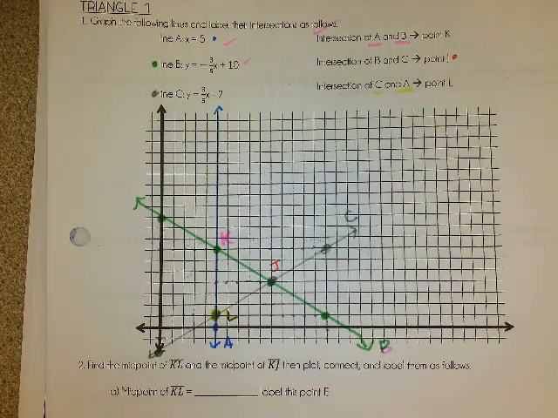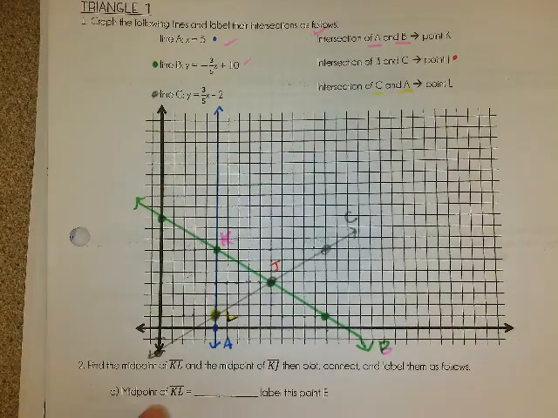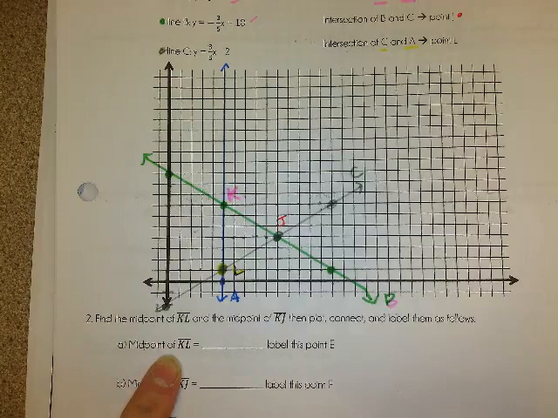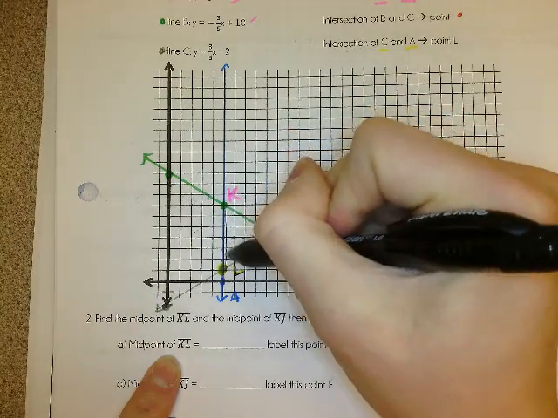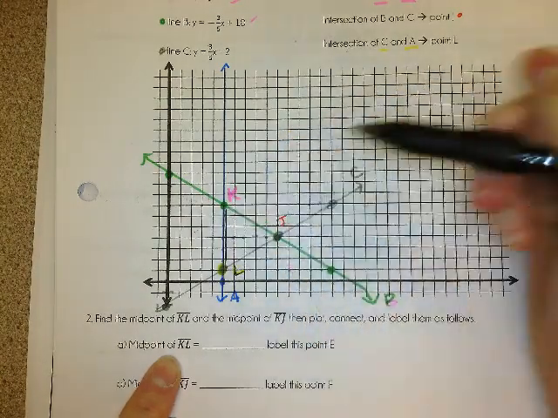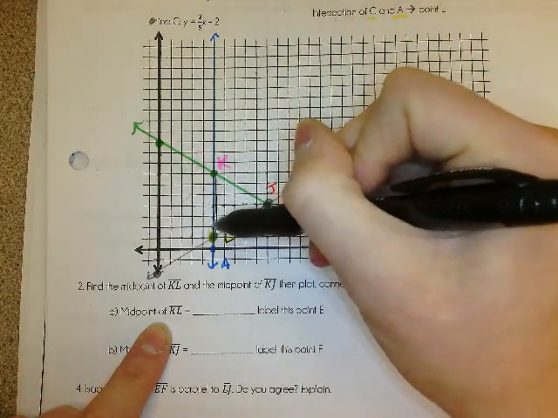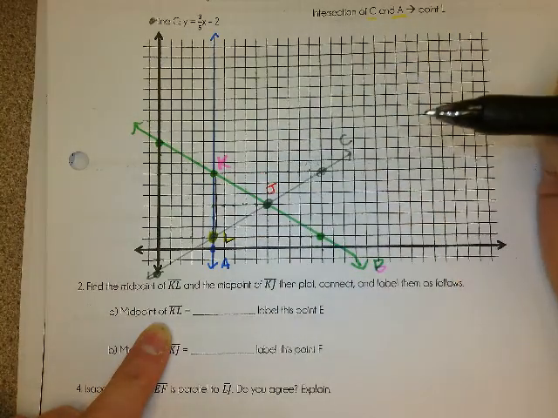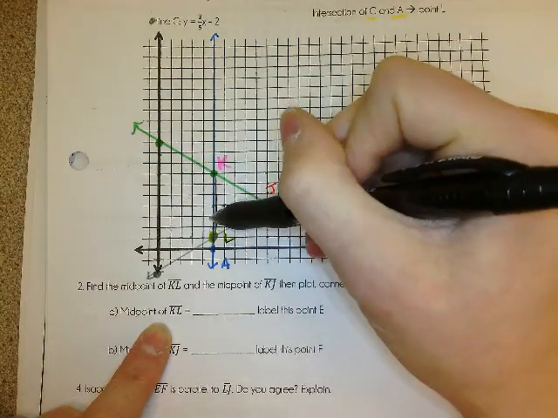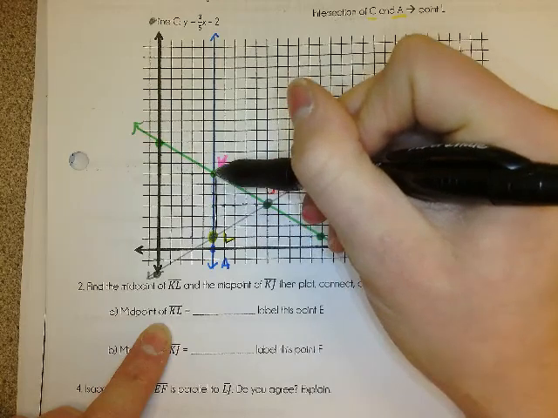now I look and say, find the midpoint of KL. Okay, so KL is here. Now, I can do the midpoint formula, but this one might be easy to count because it's vertical. Vertical or horizontal, you can just count. So 1, 2, 3, 4, 5, 6.